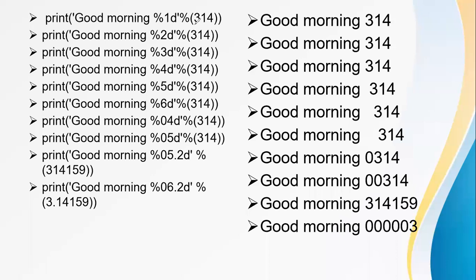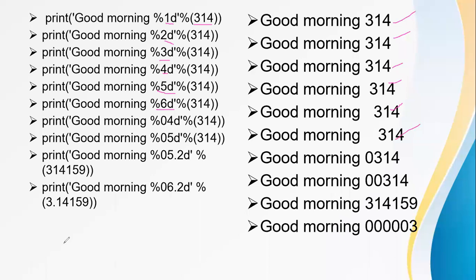See here. When I use 3.14 of 1D, 1 space, 2 space, 3 space, 4, 5, 6. Then what I'm doing is, 1, 2, 3, 4, 5, 6. Now here there is a small change.